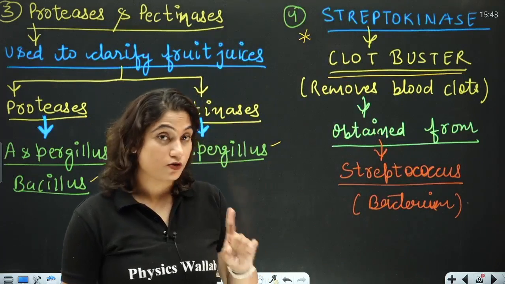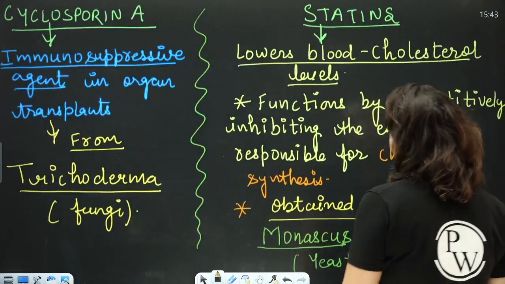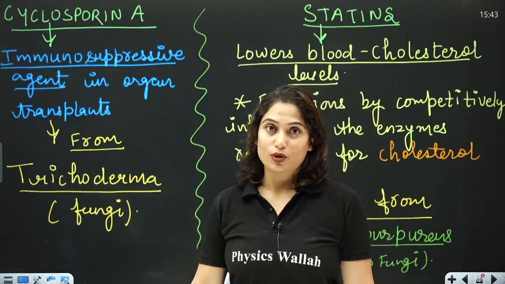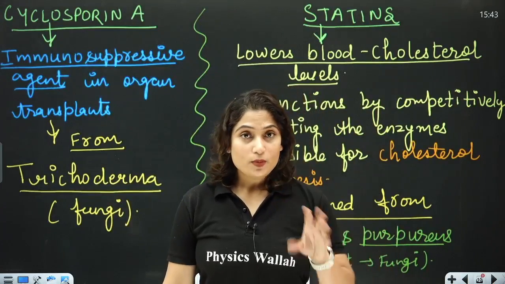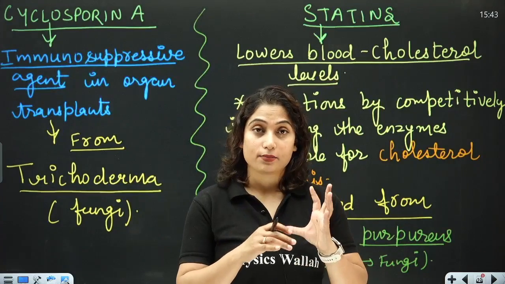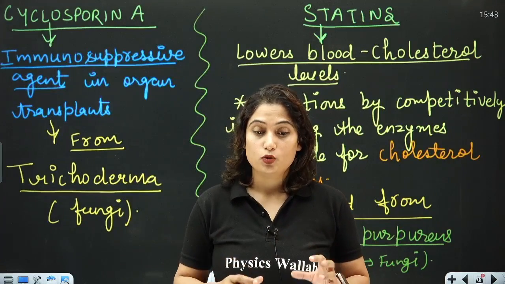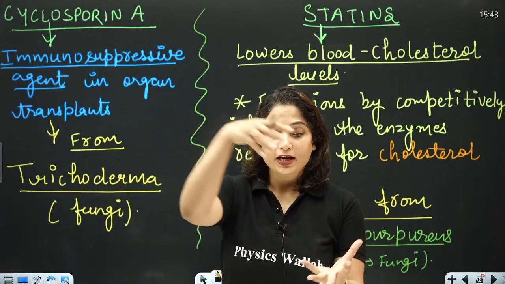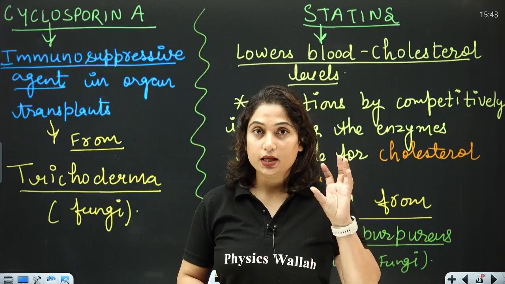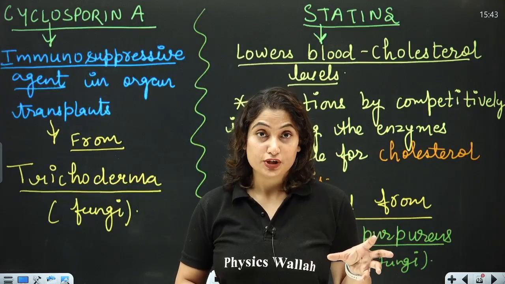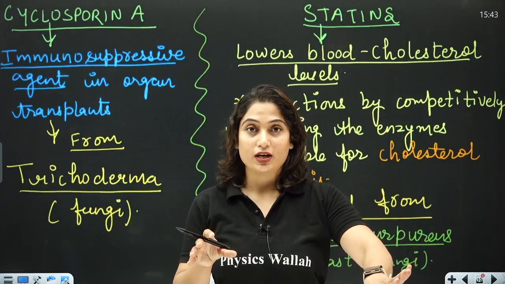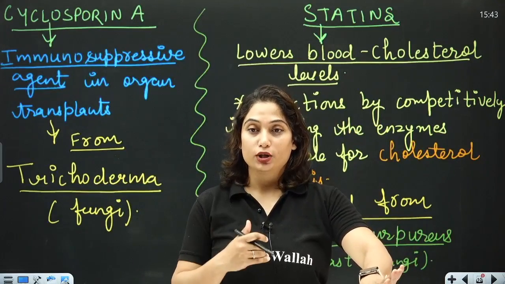Okay, this is important. Then after streptokinase comes, again very important, cyclosporin A. You must have heard that when an organism undergoes transplant surgery, suppose a foreign kidney is transplanted, right? There is a kidney transplant surgery. So the immune system of that person is suppressed so that it will not attack the foreign kidney and will accept it.